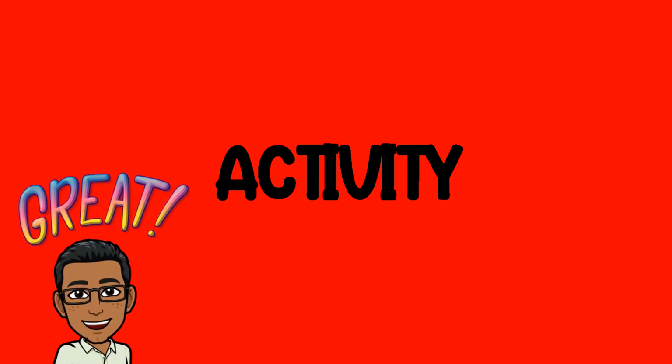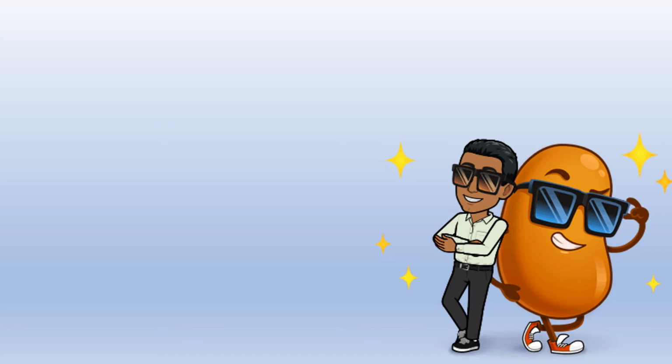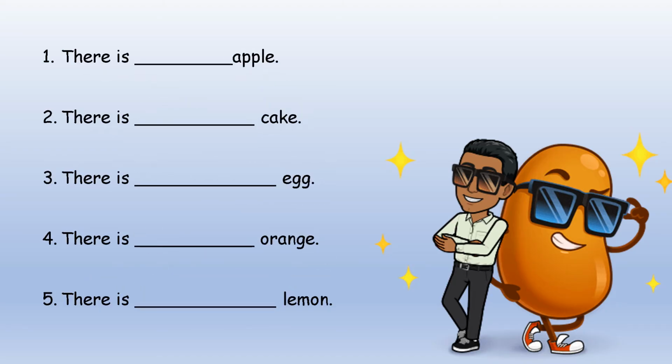Let's try one activity for a and an. We have here 5 sentences, and let's complete these sentences with a or an. Look at number 1. There is a blank apple. Remember, we use a and an for singular nouns.